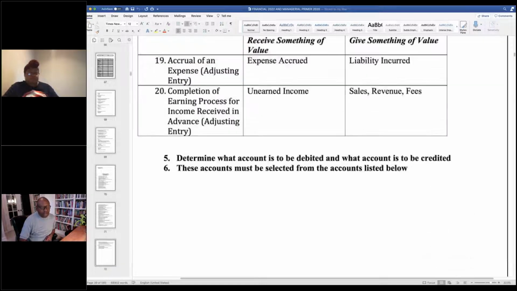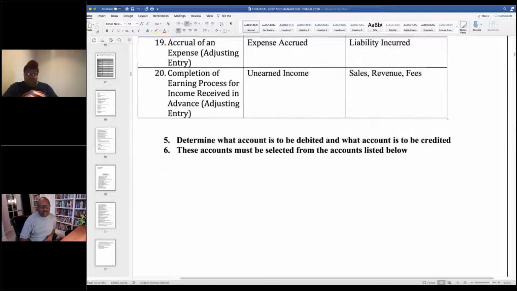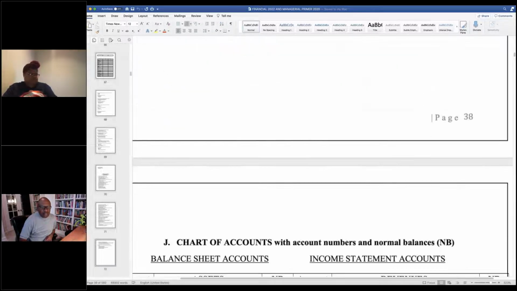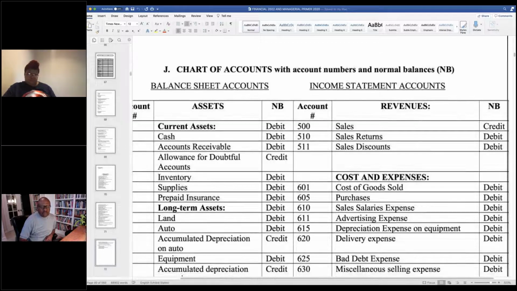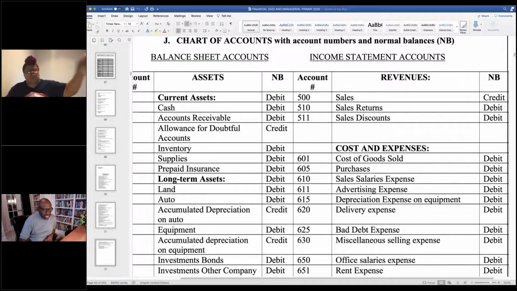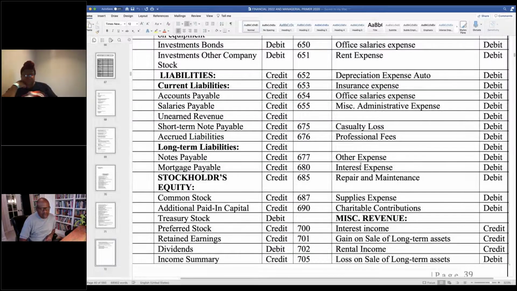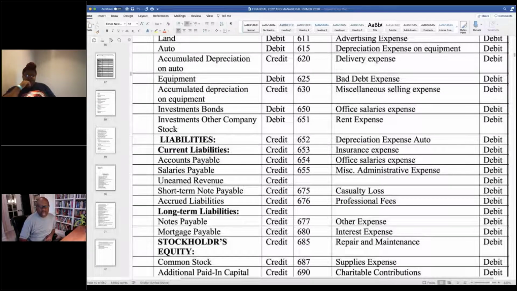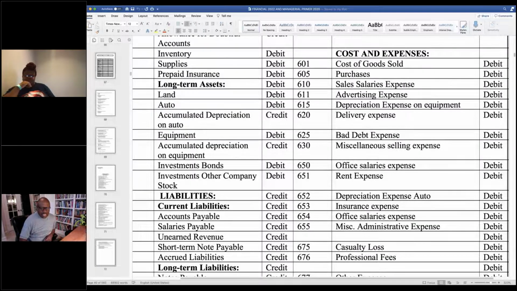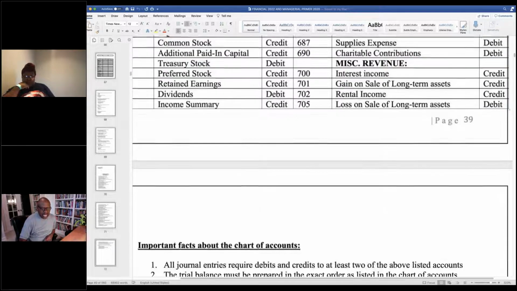You're supposed to have this, so as we're going through these, you can flip to it, and I don't have to be flipping back and forth. You're also supposed to have your chart of accounts, and we said that when you make journal entries, you have to use something on the chart of accounts with a number beside it.